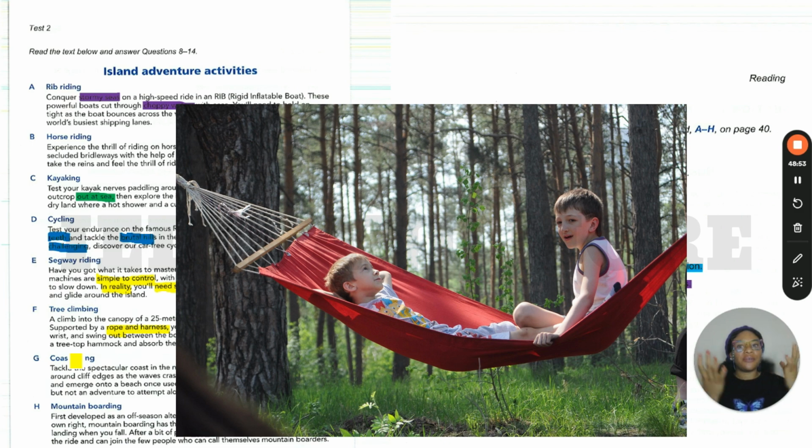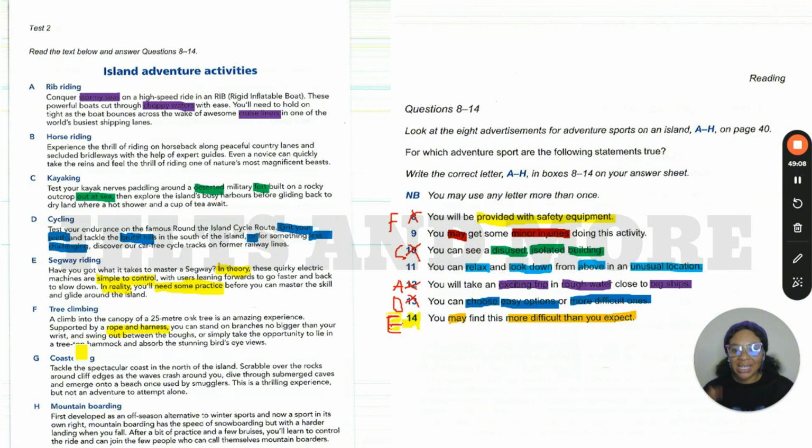You have a piece of cloth, and you tie this end to one branch of a tree or a post, and the other end to the other one, and you see people laying in the middle, and they can swing in it. That's a hammock. So you can either jump from one branch to the other, or you can just lie in a treetop hammock and absorb the stunning bird's eye view. So this lie in a hammock, we saw a word like it.